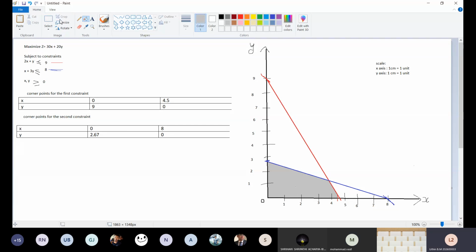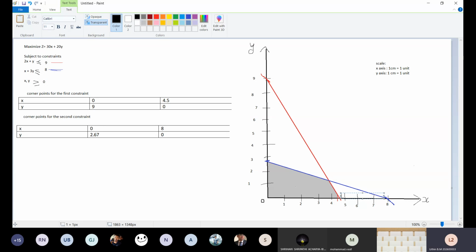So we'll get the points. So write A. What is x here? 4.5. And what is y?